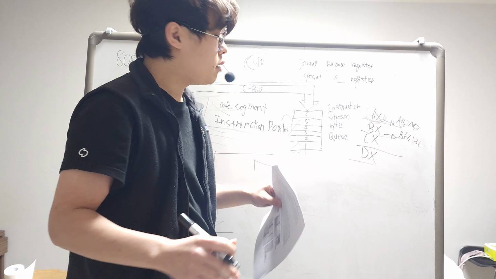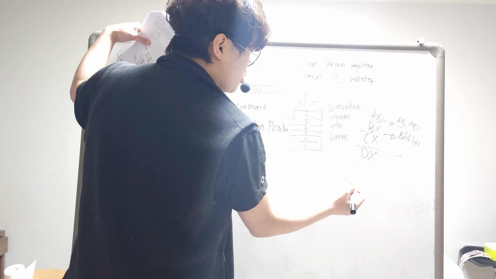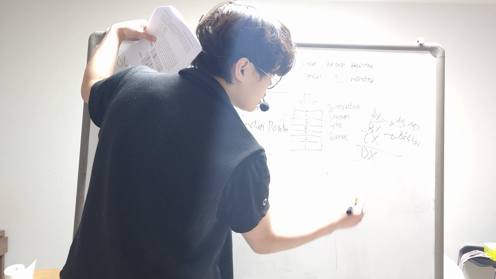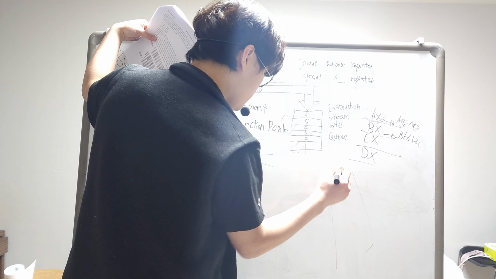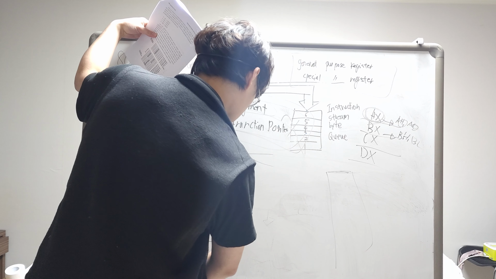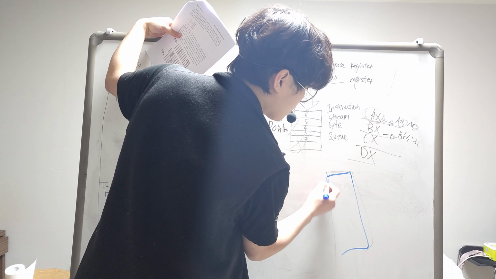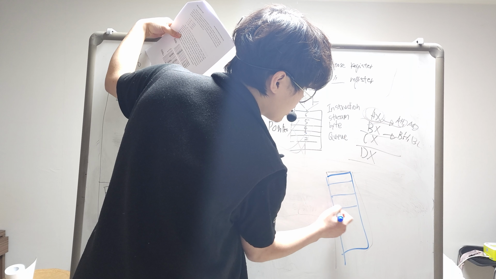What I believe about the code segment is, if you look at the memory, it doesn't look like this. Let's assume this is the memory, and these are the segments, right?